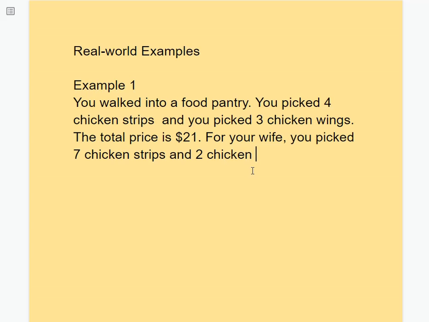They weigh it, and then they say the total price is $27. So $27, that's what you pay for your wife's order.